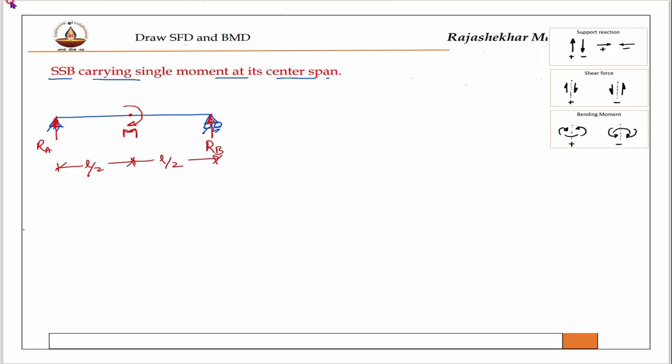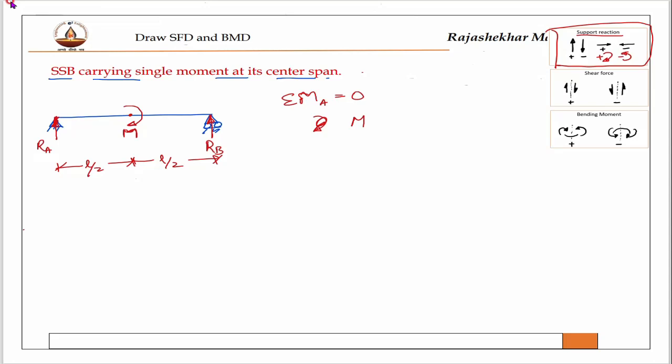For that, I will use summation of M at A equal to 0. At this point, this M is clockwise, therefore positive. You have to use this sign convention for support reactions, and here you can write clockwise positive, anti-clockwise negative.